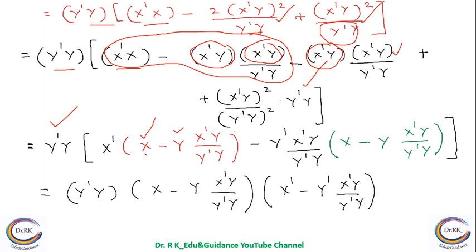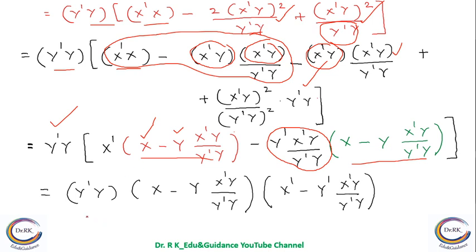So x transpose into this minus, from the rest of the terms, we took y transpose into x transpose y by y transpose y. Okay. This is what we have done. So then what we get is x minus y, x transpose y by y transpose y, this. Right? Now from this, we can factorize, right?